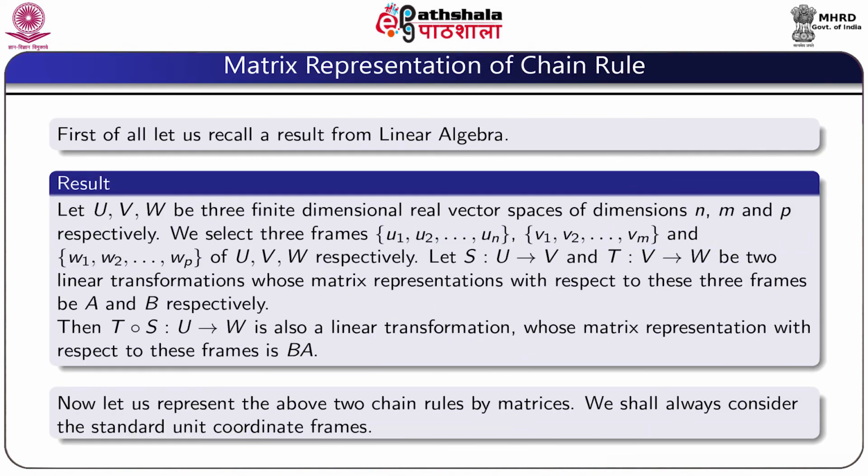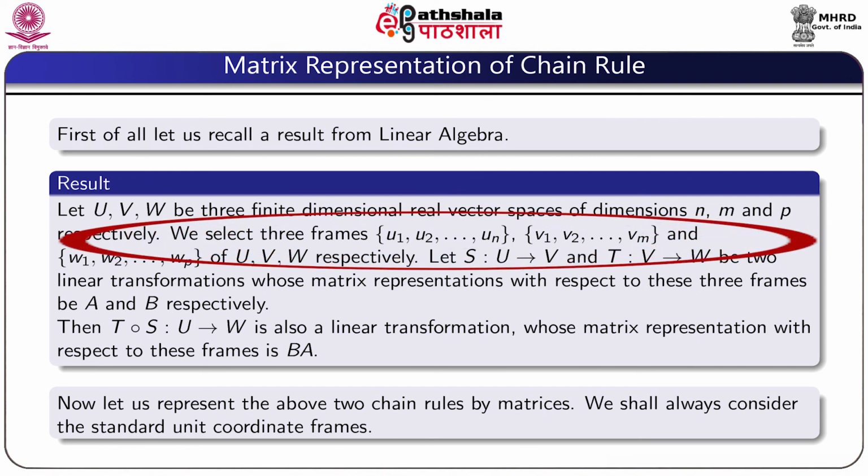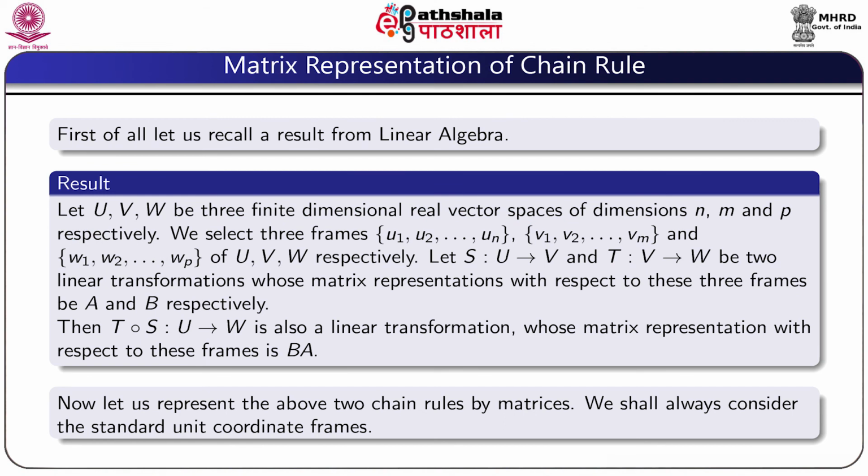Now, we discuss the matrix representation of the chain rule. First of all, let us recall a result from linear algebra. Let U, V, W be three finite dimensional real vector spaces whose dimensions are n, m and p respectively. Now, we select three frames U1, U2, ..., Un for U, V1, V2, ..., Vm for V and W1, W2, ..., Wp for W. Let S from U to V and T from V to W be two linear transformations.